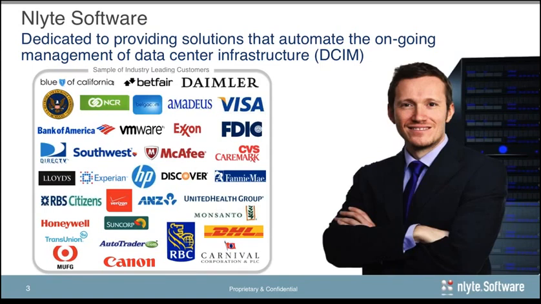They come from a broad set of industries: financial services, healthcare, consumer products. The thing that all these companies have in common is they want to automate the management of their data center, and they use Enlight to do that, to streamline and ensure that they're operating at the lowest cost possible in terms of the resources and personnel it takes to manage their data centers, but also so they can respond more nimbly and as rapidly as possible to the needs of the business.